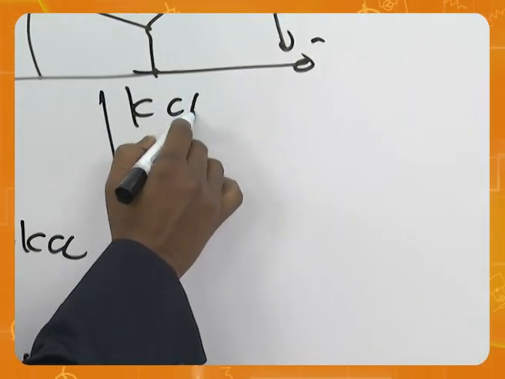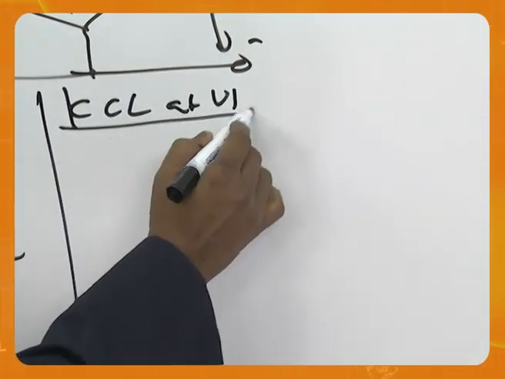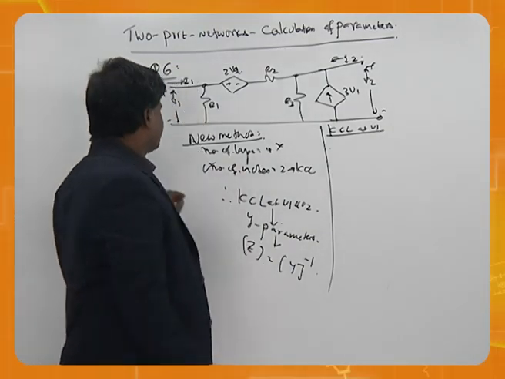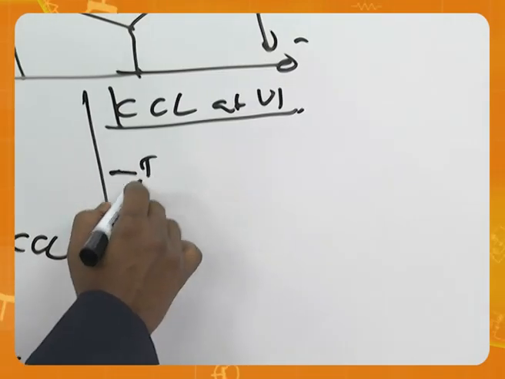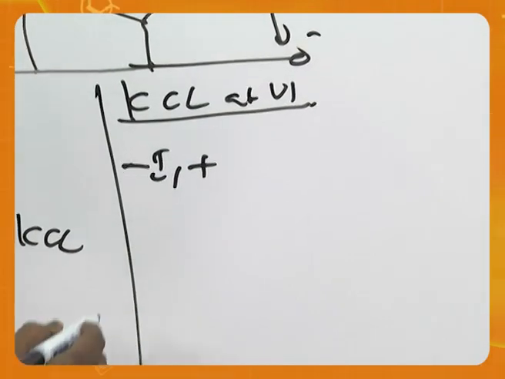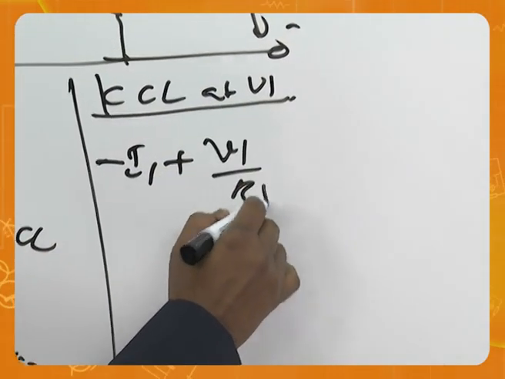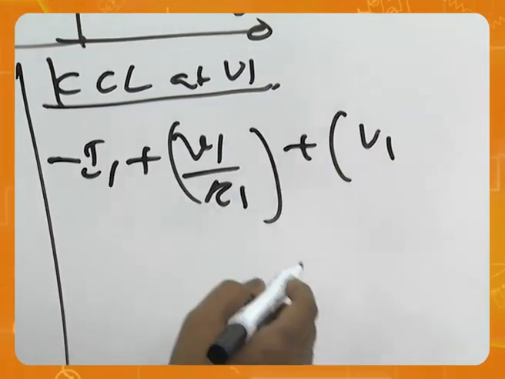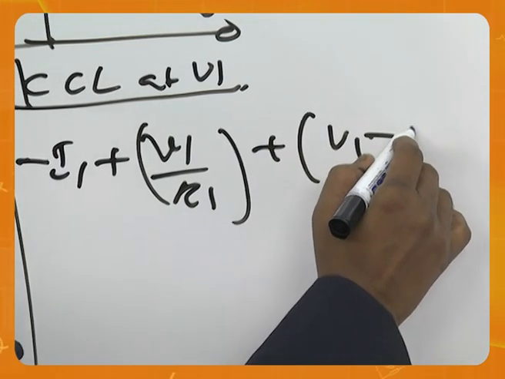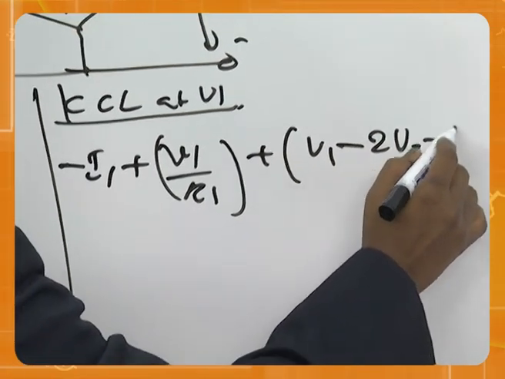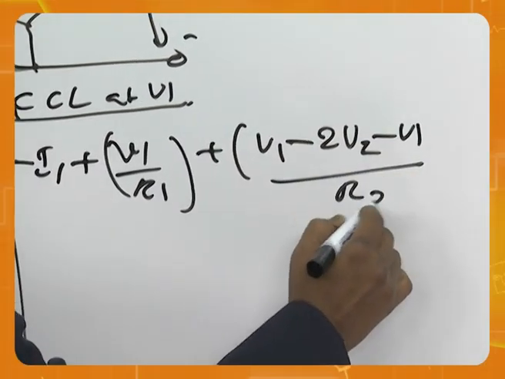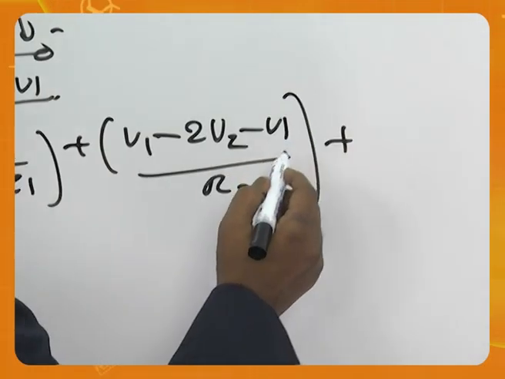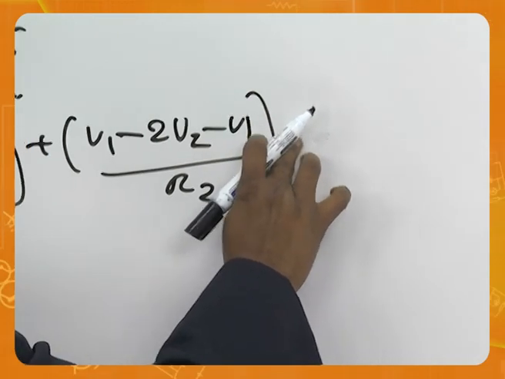So let me take it. The first one is KCL at V1. If I apply KCL here, minus I1, V1 by R1, V1 minus 2V2 by R2 is equal to 0.